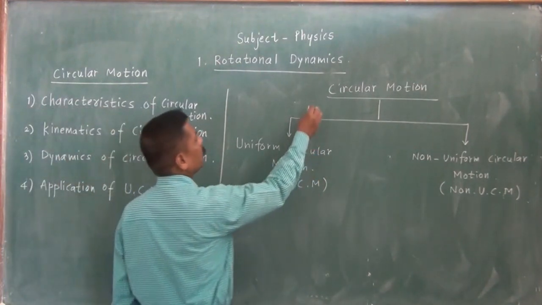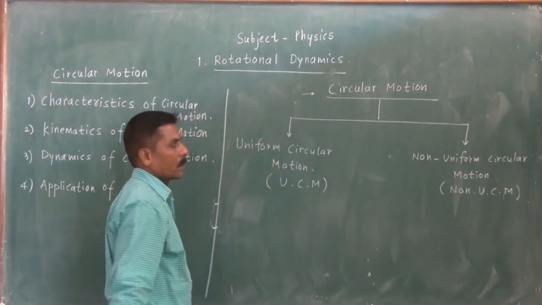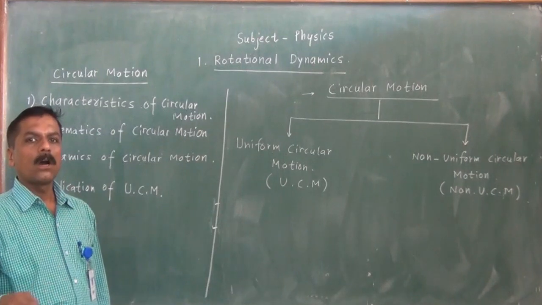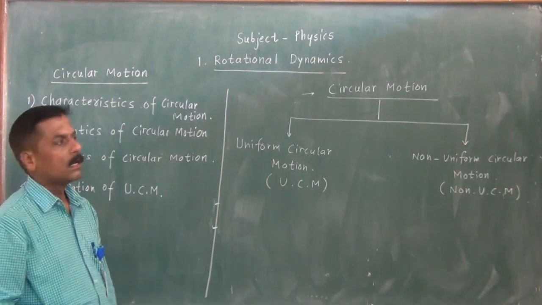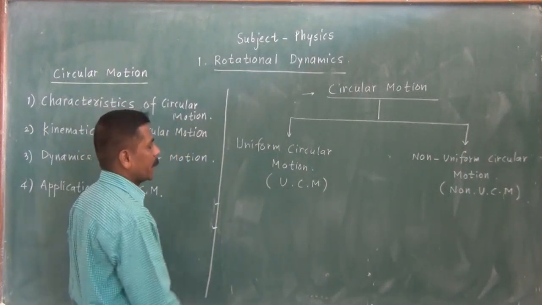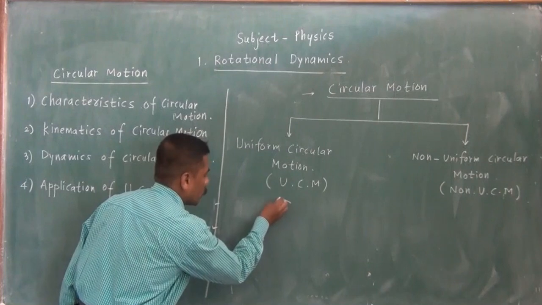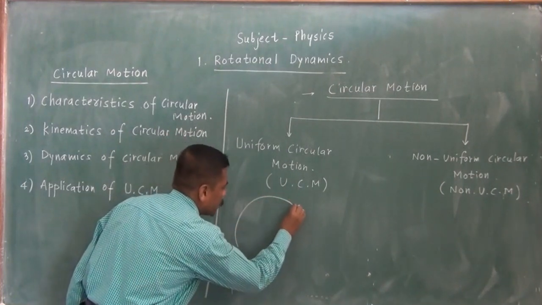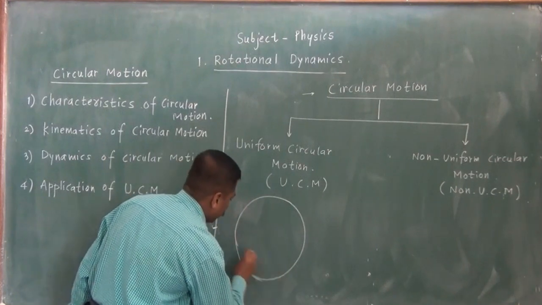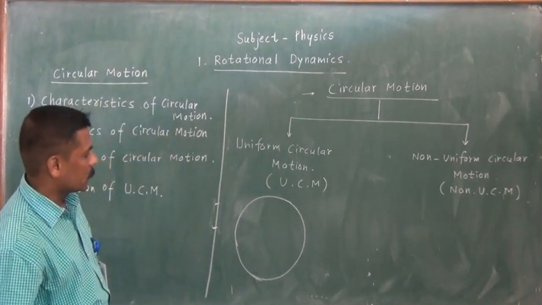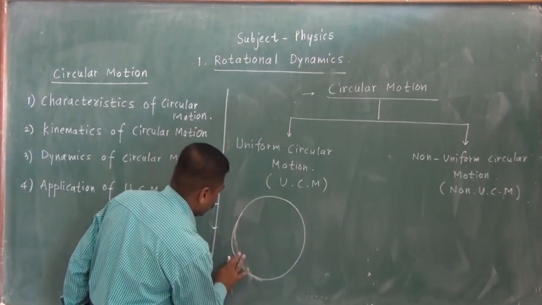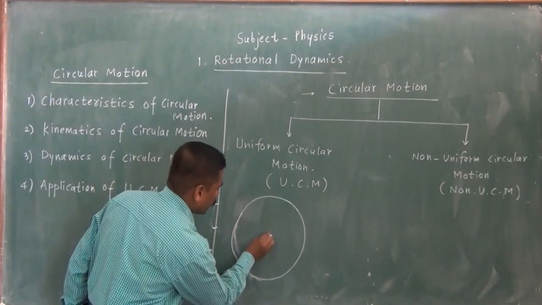Now we know the definition of the circular motion. The motion in which the particle is moving along the circumference of a circle is called circular motion. In case of uniform circular motion, the diagrammatic representation is shown like this. Suppose this is the circular motion of the particle, moving along this circular path.